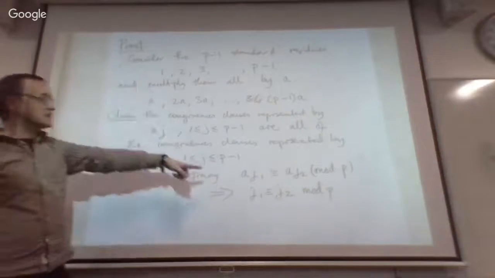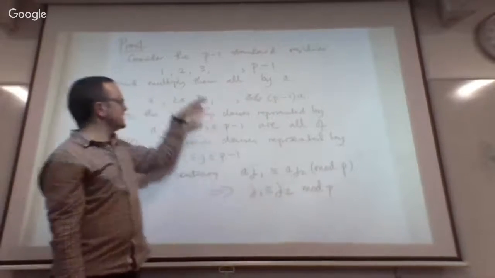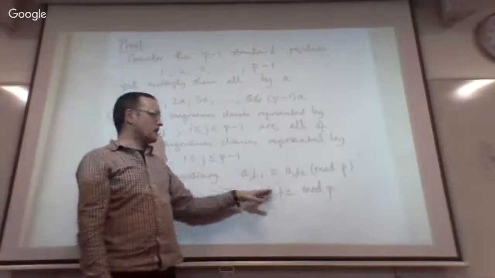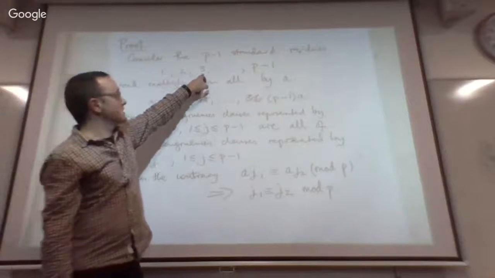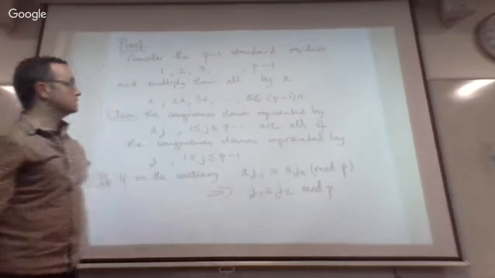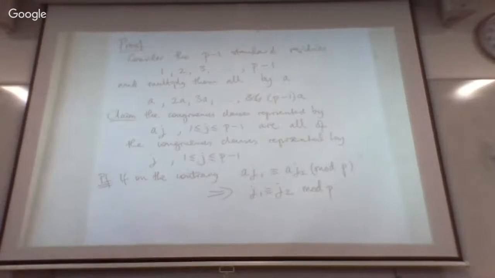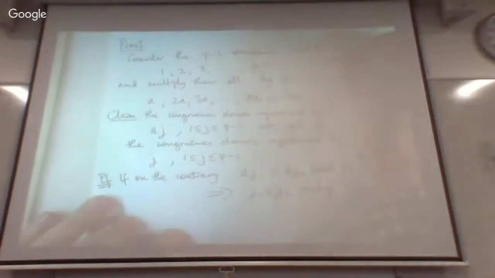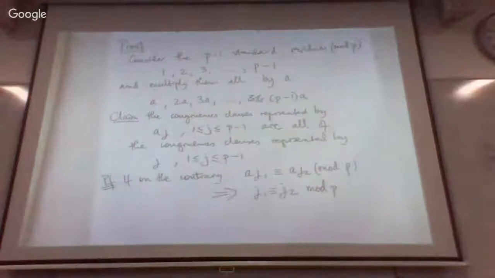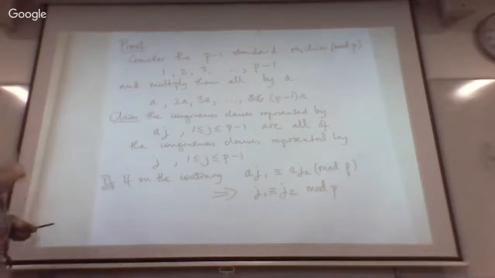Okay? So this can never happen. Taking two of these J's, they can never be congruent to one another, because they're chosen to be from different congruence classes modulo P. These are all the standard residues mod P.